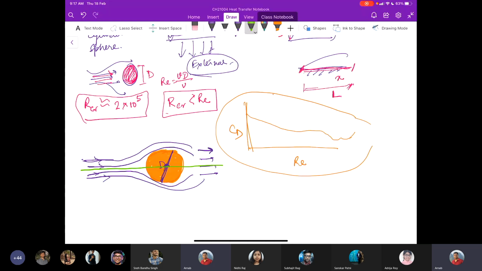Okay, so this is, say, the 90-degree angle at this point. Quite naturally, here we have the 90-degree cross-section. Fine. Now, say a fluid approaching this cylinder.